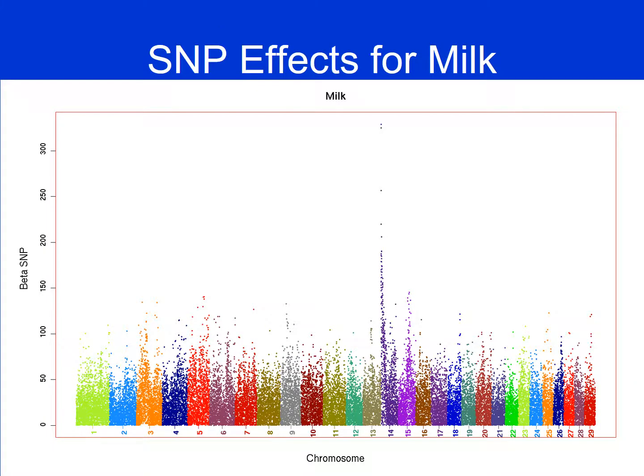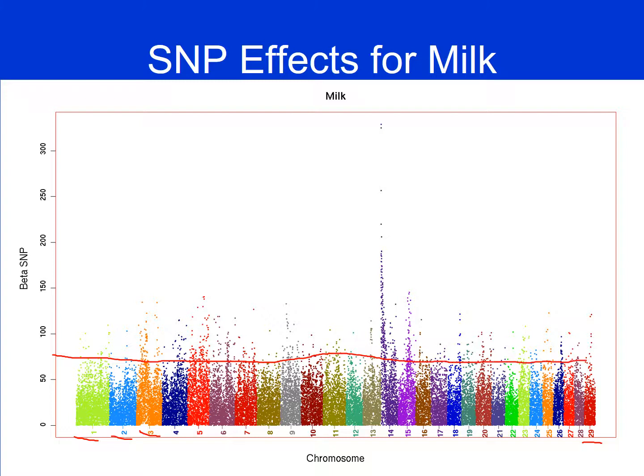Here are SNP effects for milk production, and we evaluate a lot of different traits. Milk production, of course, is an important one. Here we have the chromosomes across the bottom: chromosome 1, chromosome 2, chromosome 3, chromosome 29 out here. We'll just draw a line right here.